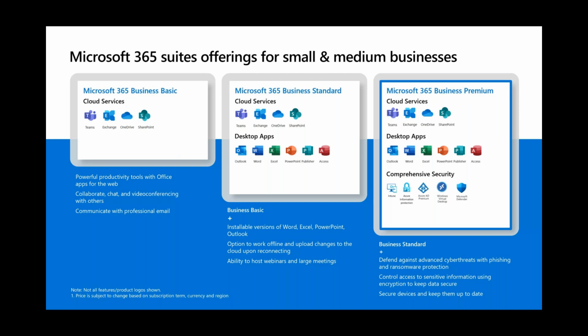So that's the key difference between Business Premium and Business Standard. All of the comprehensive security features that are included in Business Premium, things like Intune for mobile device management, Azure information protection, Azure virtual desktops, Microsoft Defender. These are all things we're going to talk about in some more detail over the next 45 minutes or so.